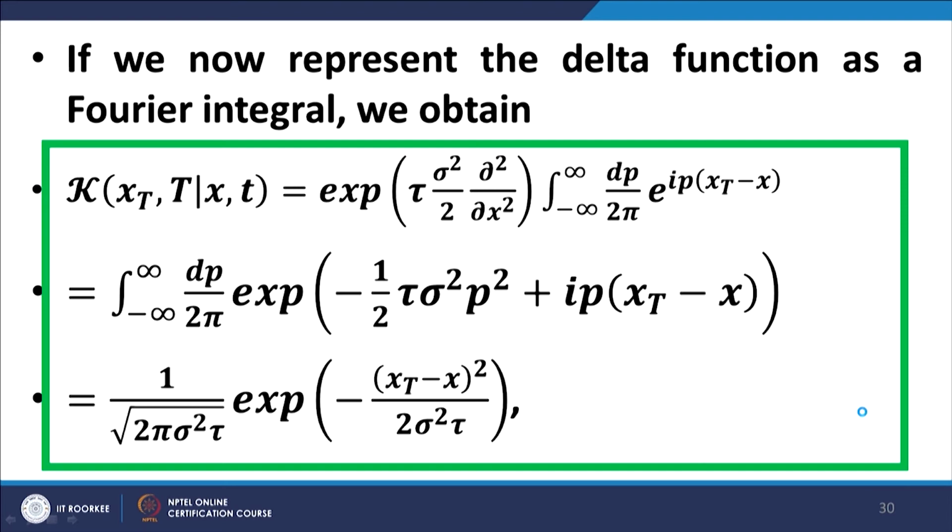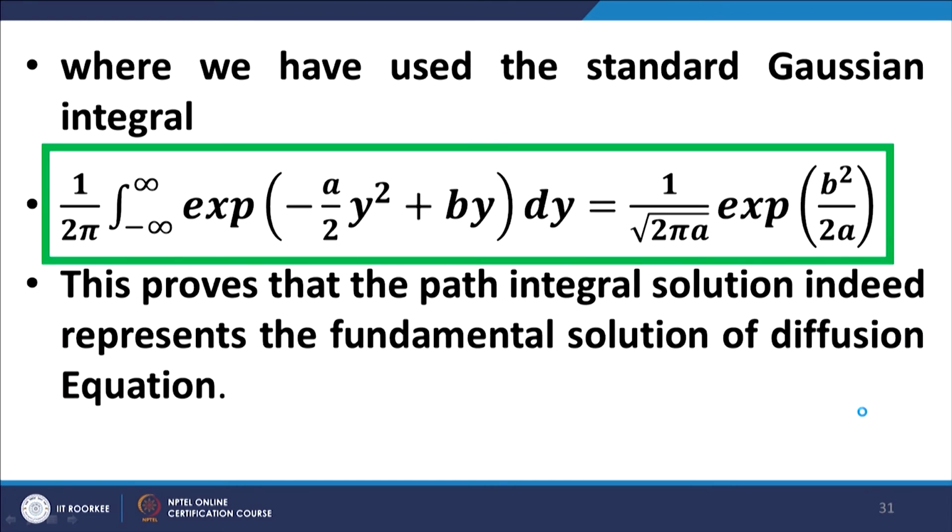We get precisely the same expression for the transition amplitudes as we obtained in the case of the path integral, and that vindicates the veracity of the path integral approach.